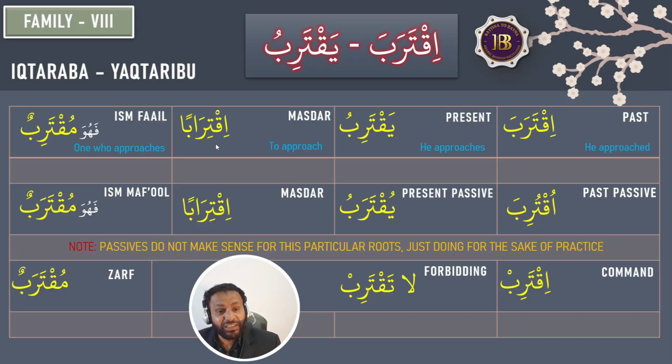But if you take aslama yuslimu, he submitted, it will not have passive, even though it is the same family. Uslima, he was submitted. No, it doesn't make sense. What do you mean he was submitted? It will not make sense for the person. So there are specific combinations of root letters which will not have sensible passive, and this is supposed to be one of those. So there is no passive for this.